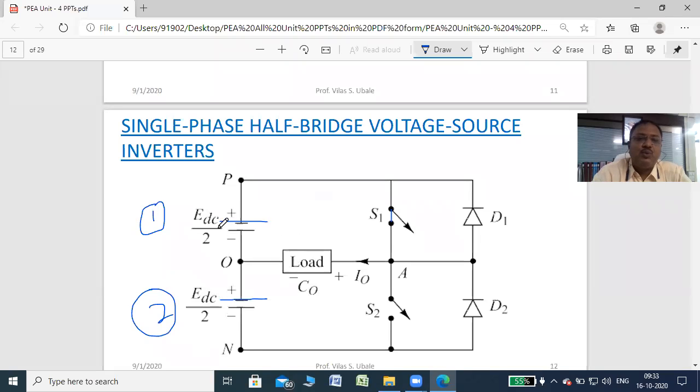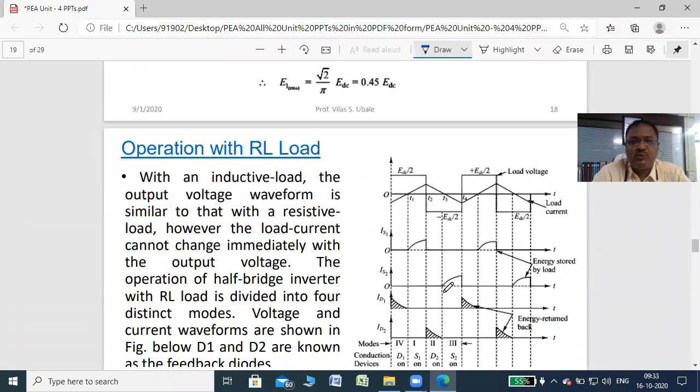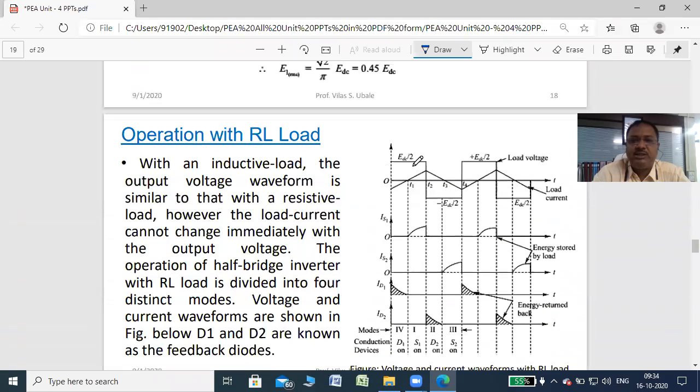So current starts to flow from EDC1 plus, then P, then S1, then A, then load, and then back to O, back to the negative. So current direction is from A to O. That time you will get a positive cycle. Output voltage is EDC by 2.